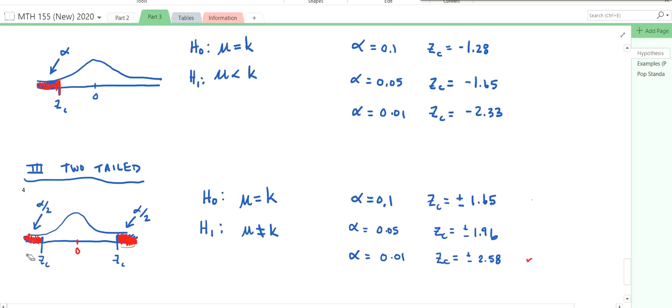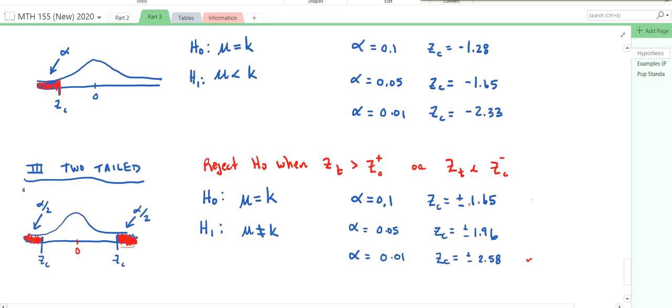And in either of those situations, we're going to reject the null hypothesis when Z test is greater than, I guess I'll call it Z crit, the positive, like when it's greater than positive 1.64, or when your Z test is less than your Z crit negative.